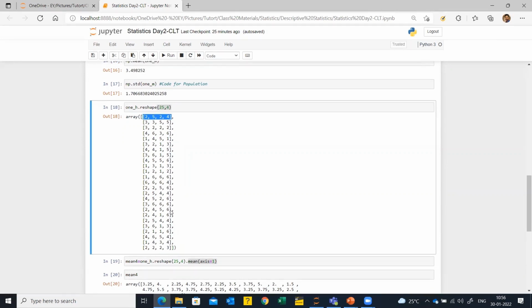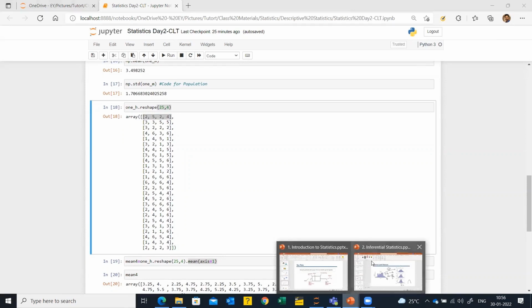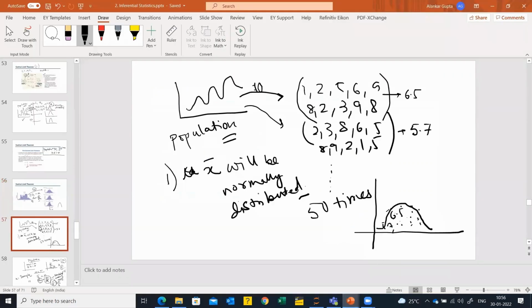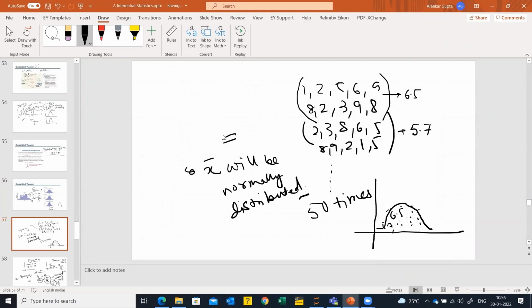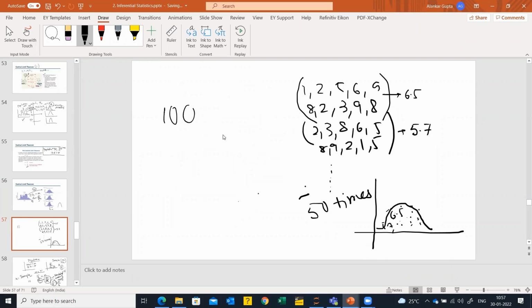that if I go to a slide, if you have 100 items here, you have basically divided this into 25 into 4. You are taking 4 samples every time, and doing this 25 times.